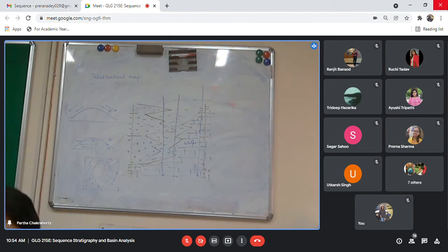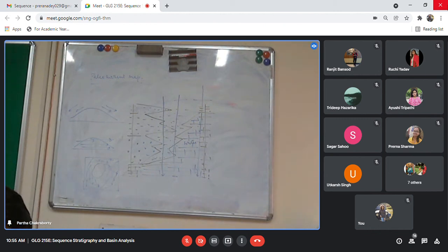All these concepts of sequence stratigraphy will help you identify where the reservoir rock, the seal rock and the source rock will be, and how they are distributed in the form of forced regression, transgression and highstand, when the deltas will be formed, and how the deltas will be capped by the transgressive system in the form of estuarine sediment.